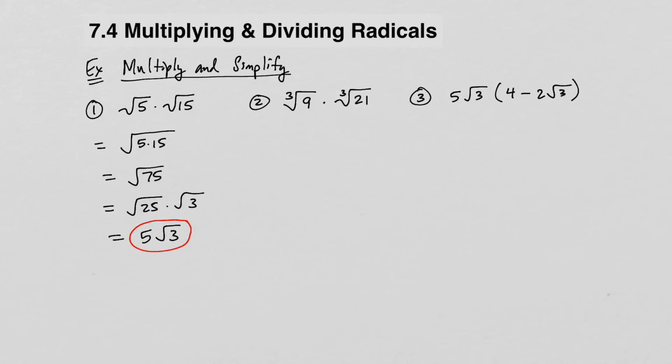In our second problem, we have the cube root of 9 times the cube root of 21. So we know that we can combine these together as the cube root of 9 times 21. And so if we multiply 9 and 21 together, we get the cube root of 189.